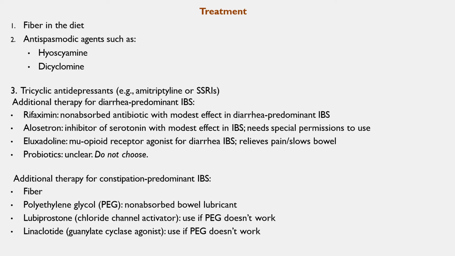Note that if PEG does not work, you can use this medication. And number four, this is linaclotide, which is a guanylate cyclase agonist. You can use it if PEG does not work.